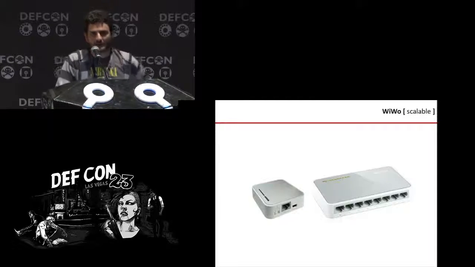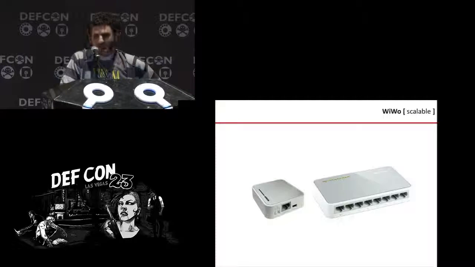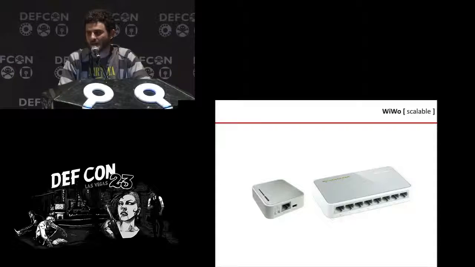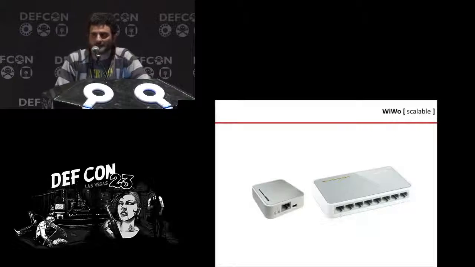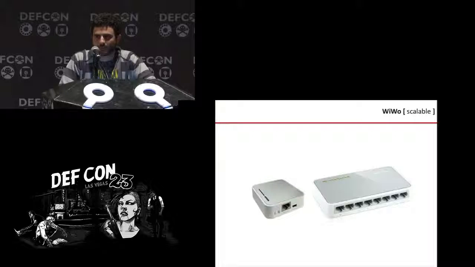Well, here we have a couple of devices, a router and a switch. We are using this kind of devices in our POC here. They are 10/100 megabits per second. And of course, with this kind of devices, we are not able to monitor all the traffic with high performance.